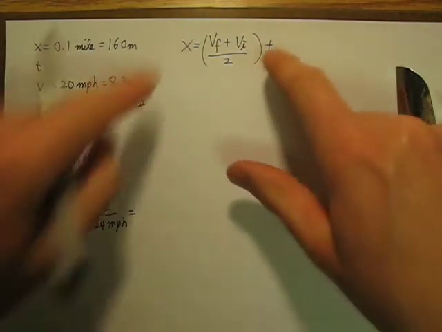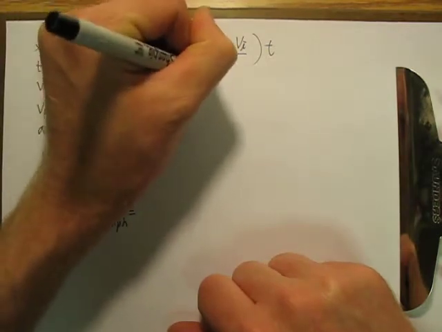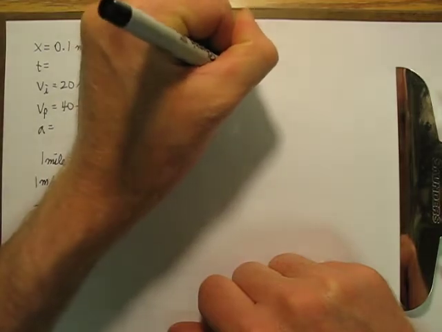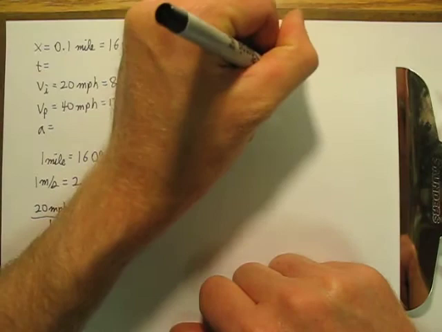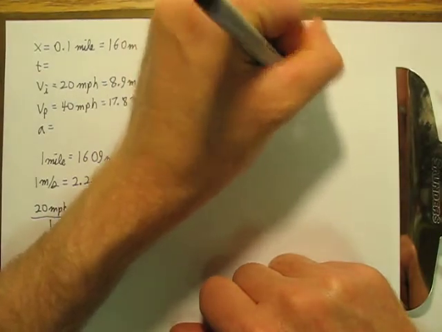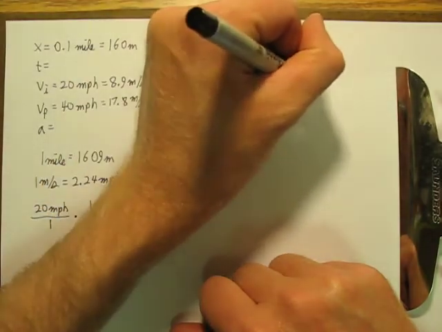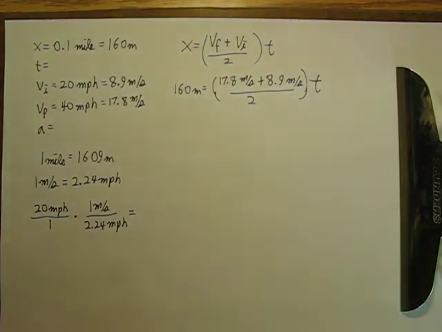Now, let's put my numbers in. I have 160 meters equals vf, which is 17.8 meters per second, plus vi, which is 8.9 meters per second, that whole thing divided by 2, and then we don't know t, so t stays as t. Now I'm going to rearrange this. I'm a big fan of doing everything on your calculator in one step.